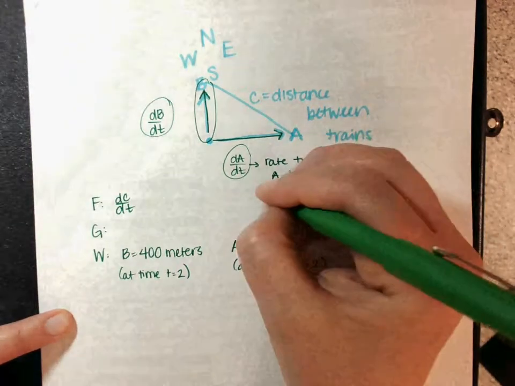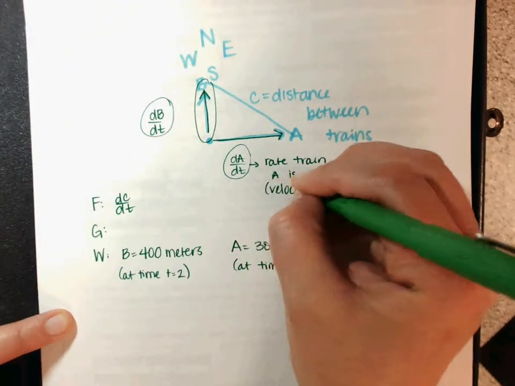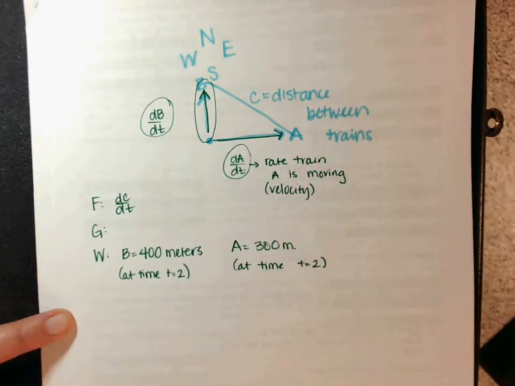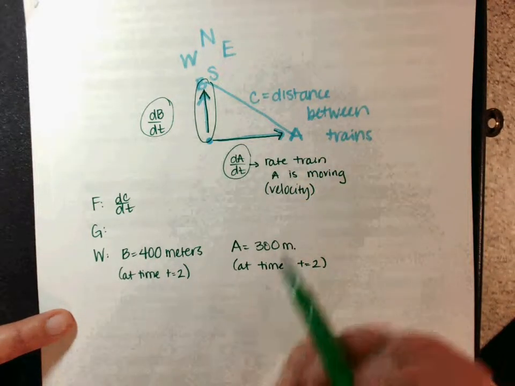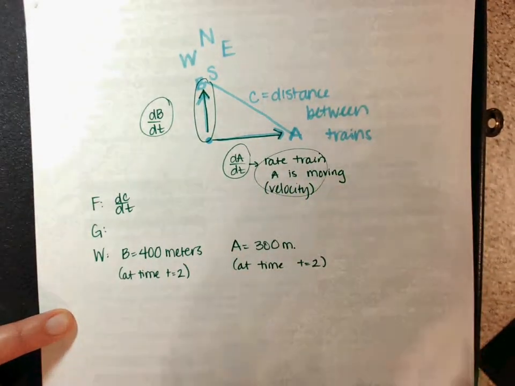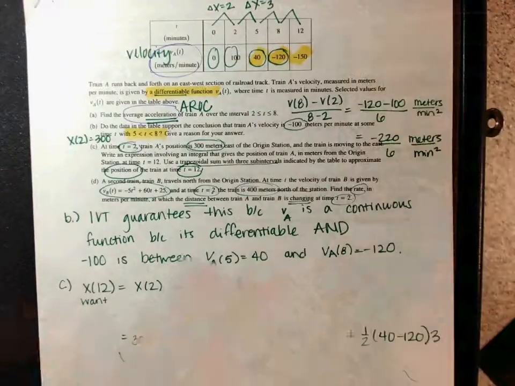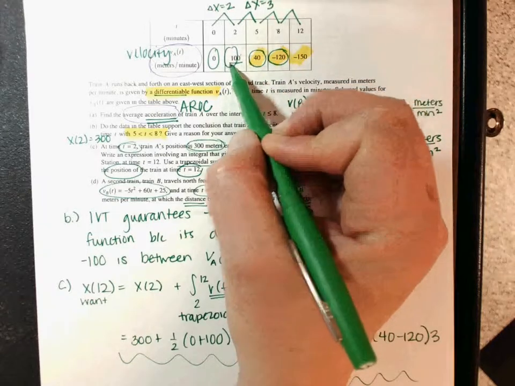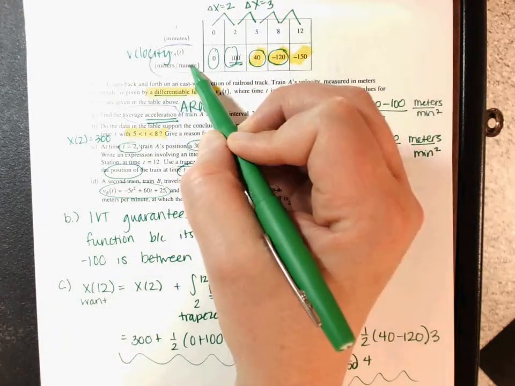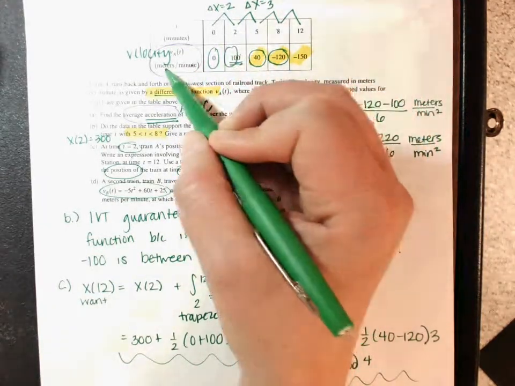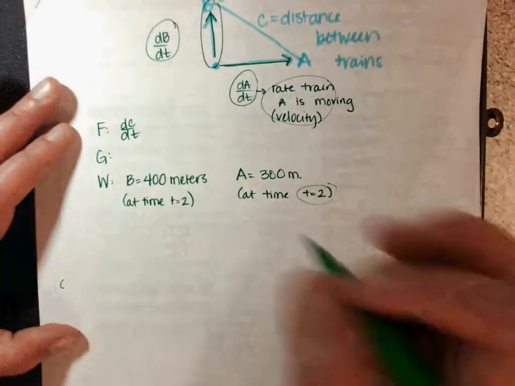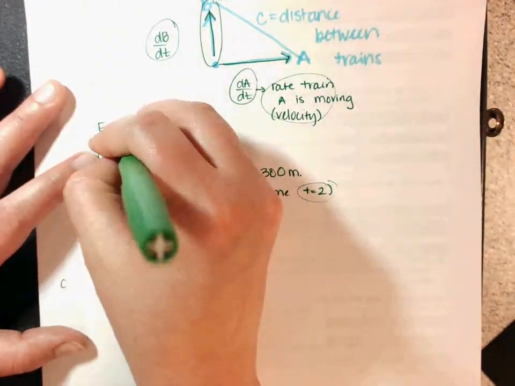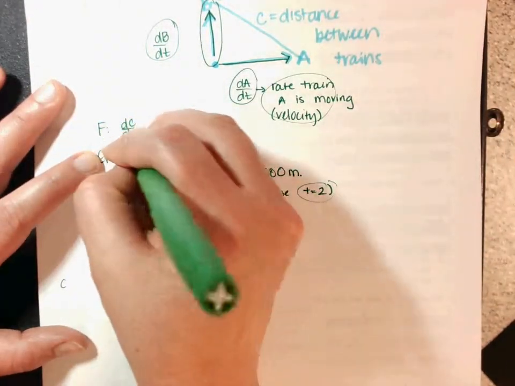The rate that something is moving is called its velocity. And if you look back in your chart, we know the velocity of train A at time 2. So come back to here. Train A at time 2 is going 100 meters per minute. So at 2, train A is going 100 meters per minute. So my given is going to be that dA dt is 100.